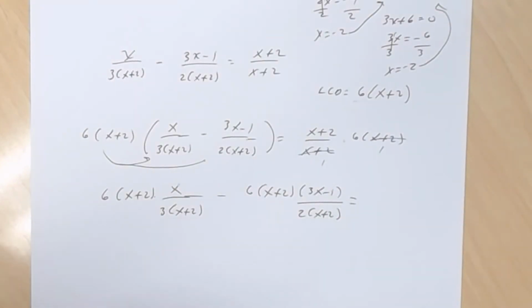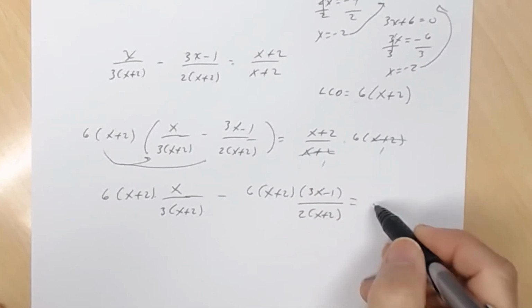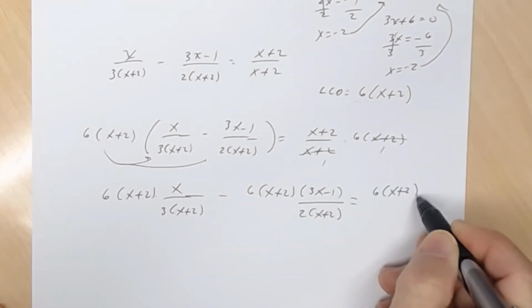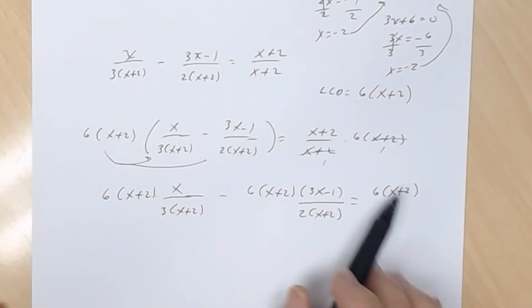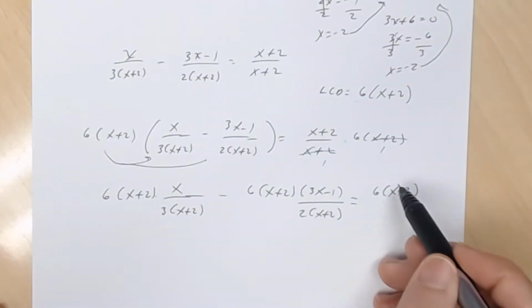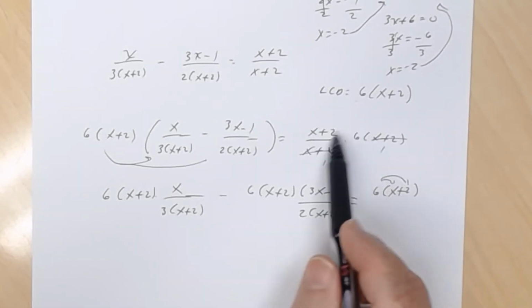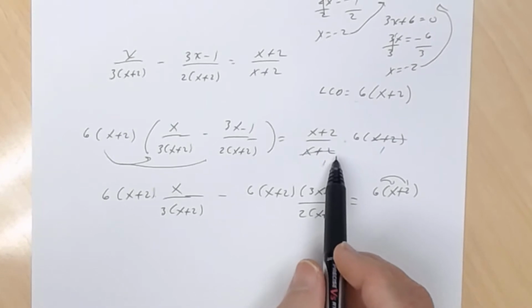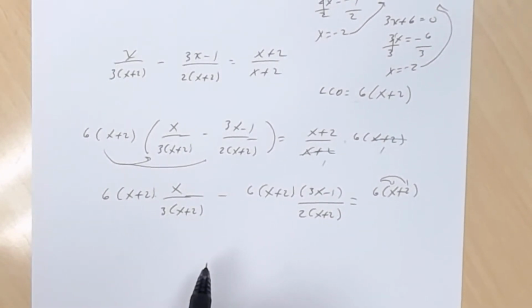But you got to be careful because look, you got to put this in parentheses because 6 is being multiplied by every term in x plus 2. Okay, so that's important. See what I did here? You got to put that because you're going to be distributing that 6. So it's not just x plus 2 times 6. I won't say x plus 12. All of this has to be multiplied by 6. So that parentheses is important.